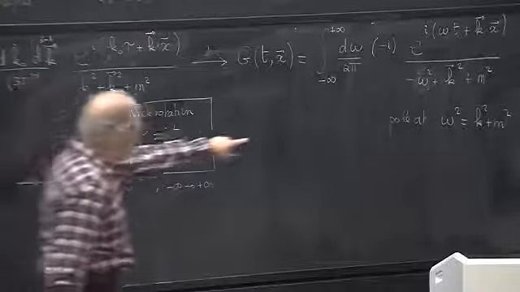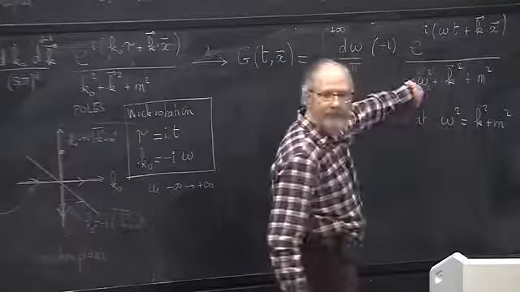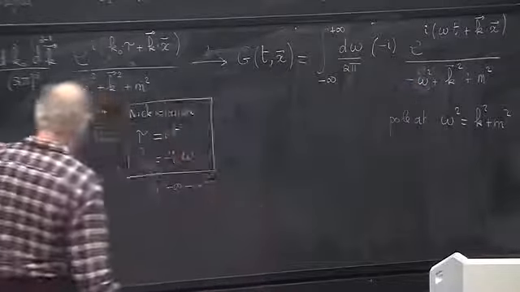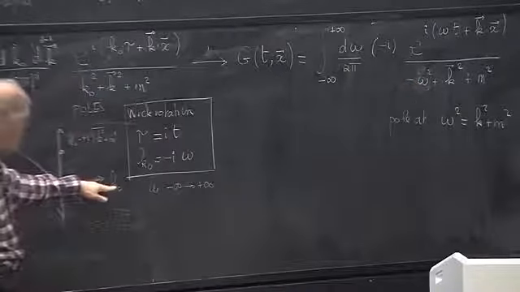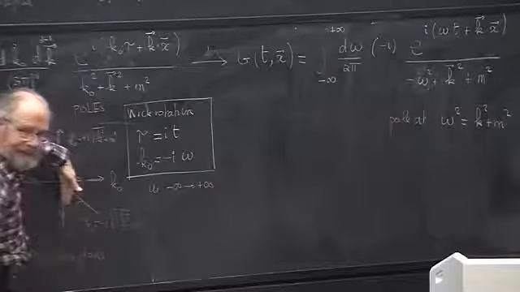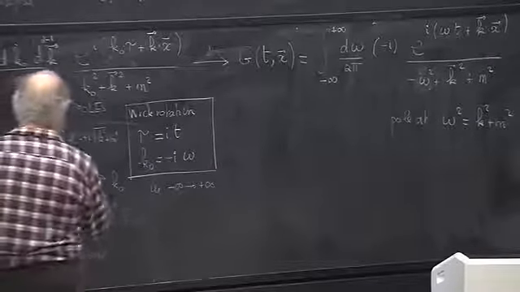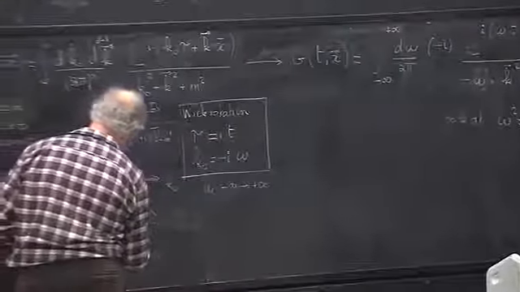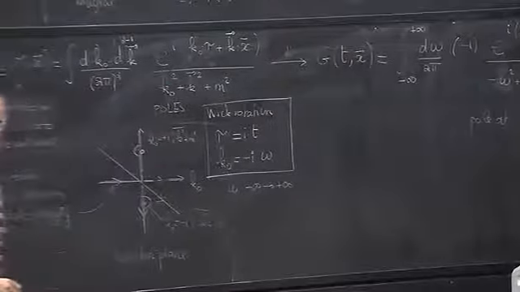Okay, you see? So we need the prescription to deal with the pole in this integral. But we know the prescription because we start from a contour of integration like that, and we rotate it like that. So we end up going around the pole like this and this.